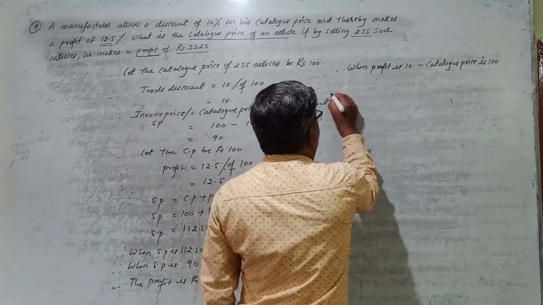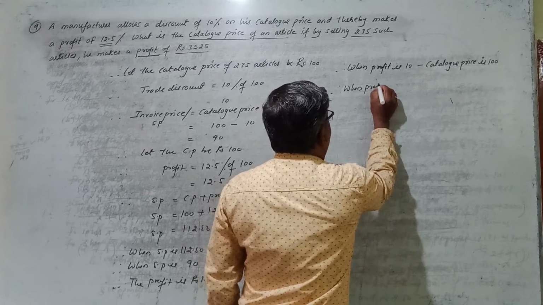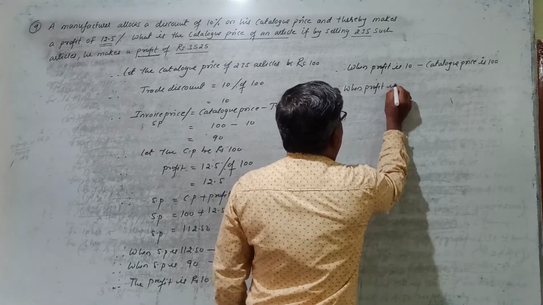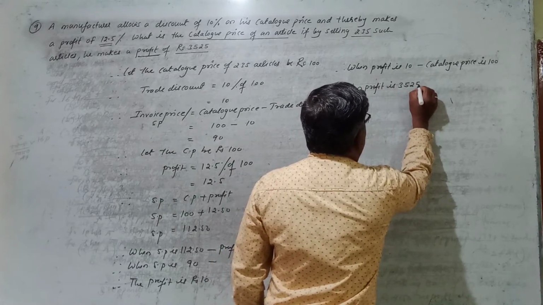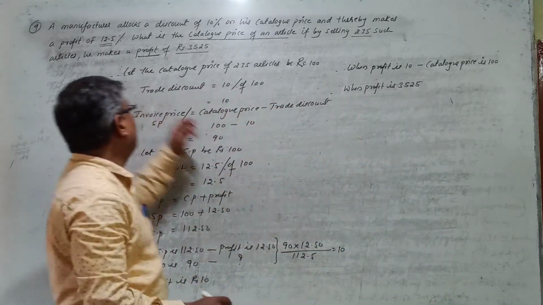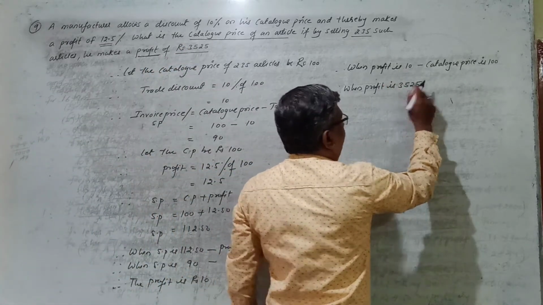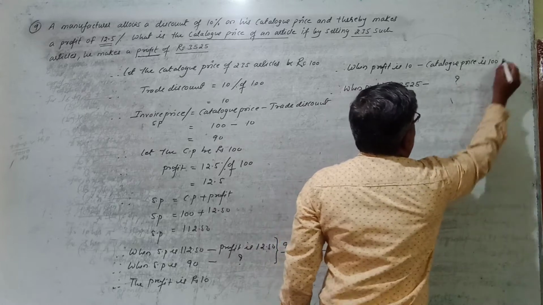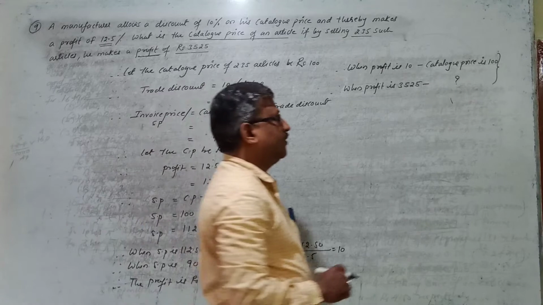So what I want, when my actual profit is 3,525 rupees, which is given in the problem, right? So when my actual profit is 3,525, what must be the catalog price?